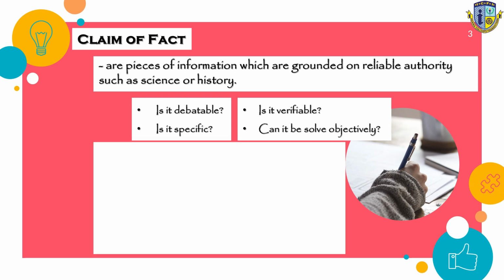So we have here also an example of claim of fact. The first one is: the oldest known disease in the world is leprosy. So this statement is debatable. It is specific also because it already mentions leprosy, which is the oldest known disease in the world.